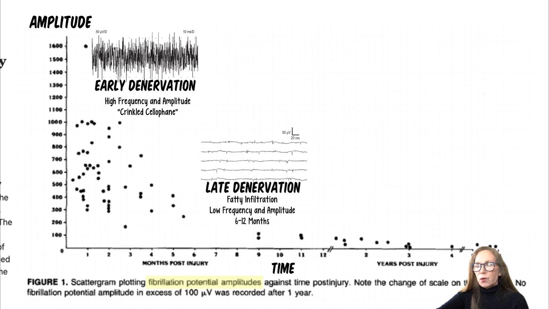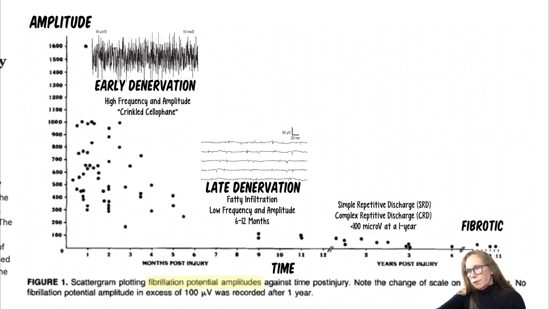And then later on, when there's fatty infiltration, you don't hear it and you don't see much. And then eventually you can be actually fibrotic, and there aren't hardly any fibs or positive sharp waves there. And you can see something that will be called SRD or CRD on the report. When you see complex repetitive discharge or CRD on the report, it means you're way out on the timing.